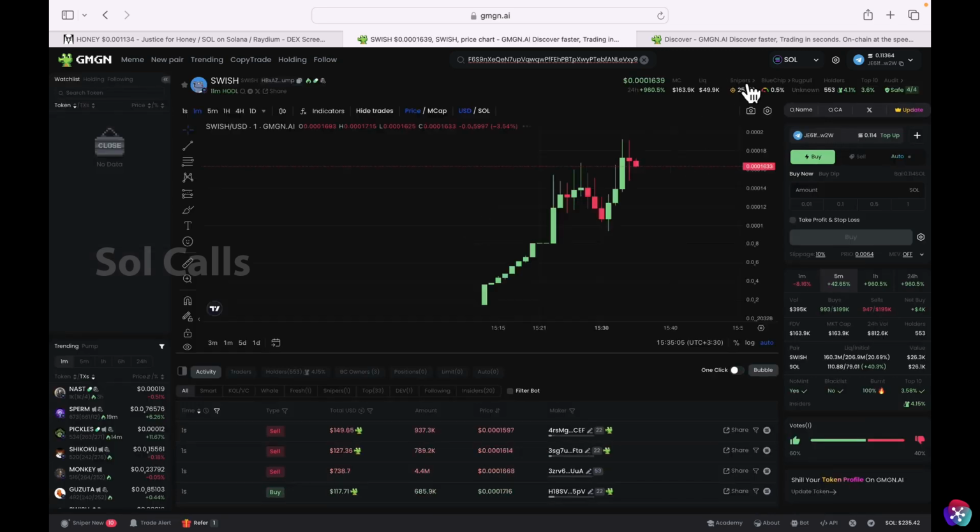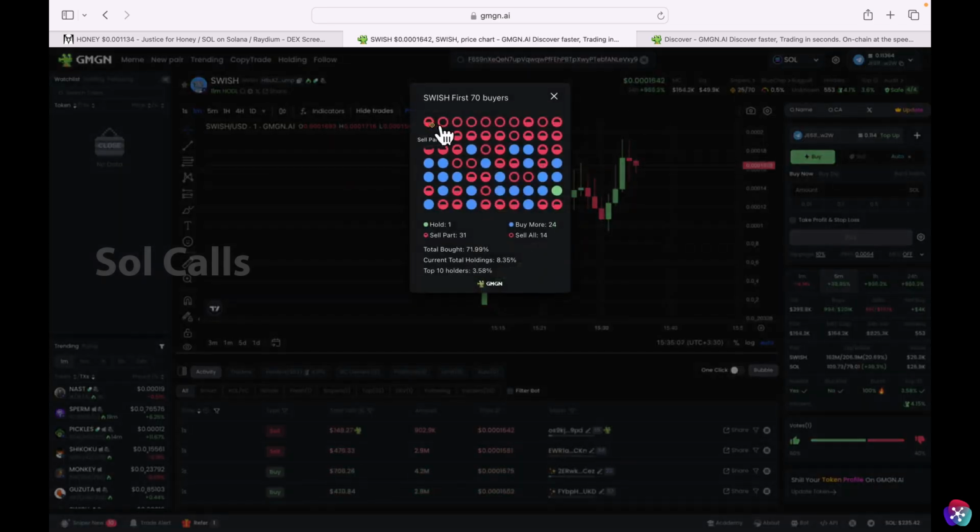If I click on the snipers, you can find first 70 buys for this token. Okay, it seems Dev sold his tokens, but as you can see so many blue circles.